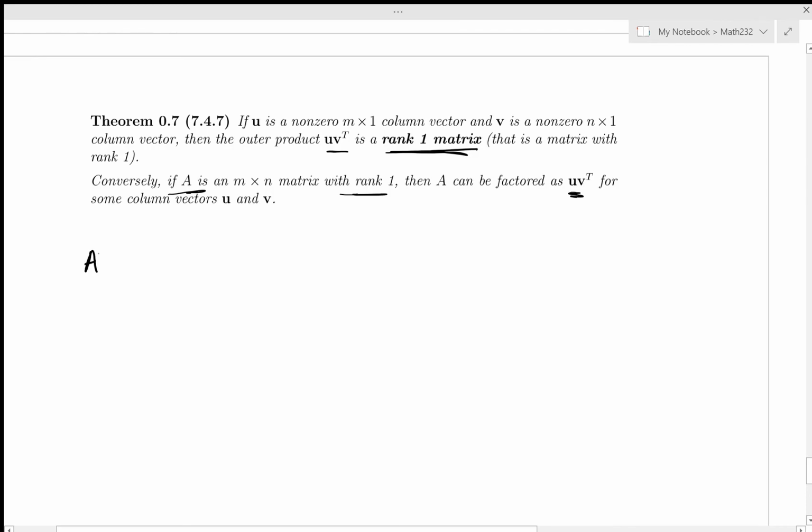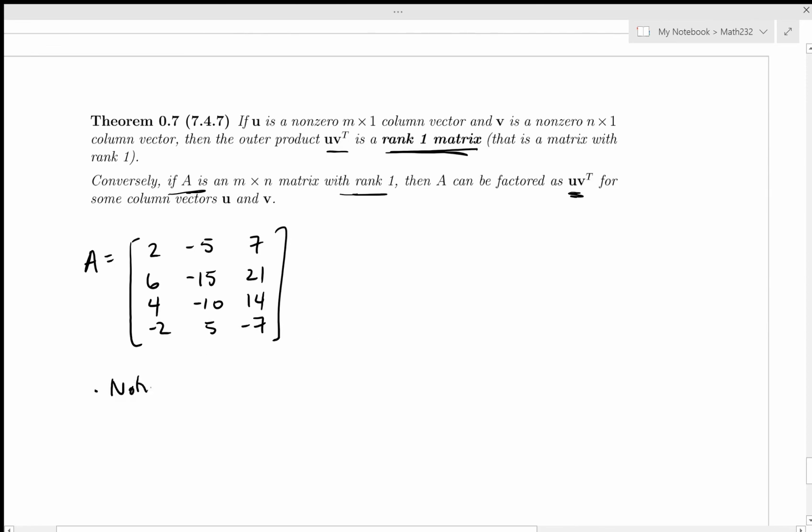Let us take here A. We just saw this matrix in the last example. Let's just take this matrix. Here it is. Notice the rank of A is equal to 1.